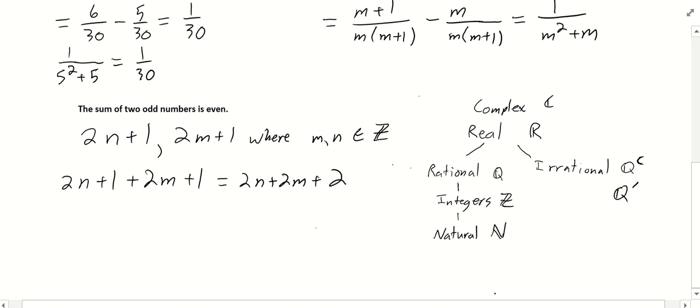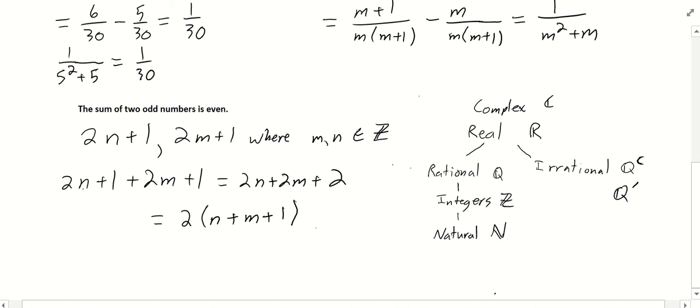Now I can see I can factor out a 2 from everything. And there we have it. Here n plus m plus 1, those are all integers. So that whole thing will come out to an integer, and then we're multiplying it by 2. Since I have some integer multiplied by 2, I know that this will be an even number.